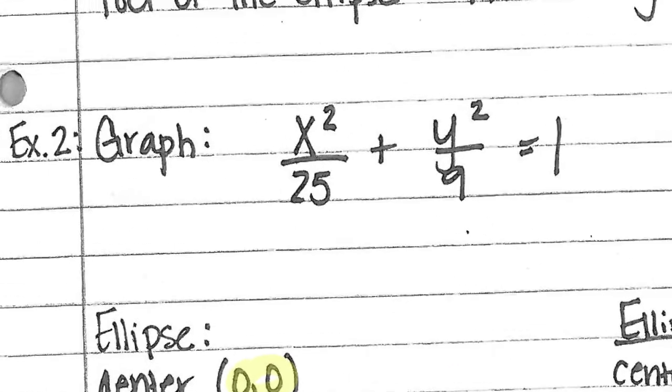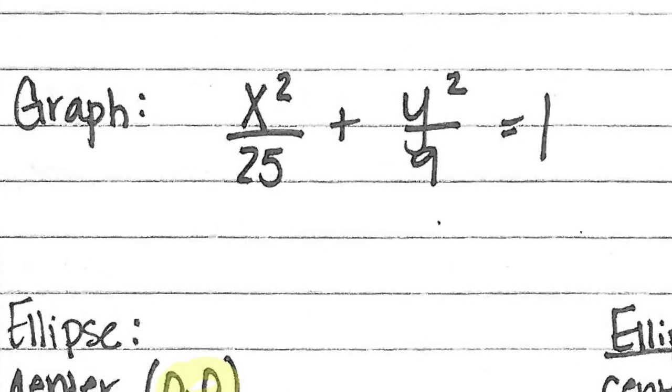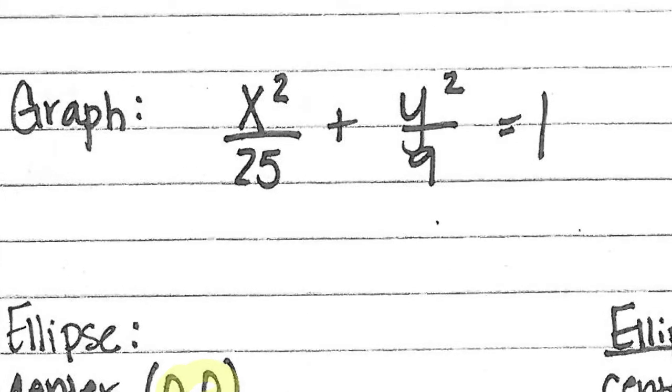So let's start by graphing, because graphing is always fun. We know that all ellipses that we're working with right now are going to have a center at 0, 0. Eventually that will change, we'll have a number thrown in there, but we don't have that right now. The next thing we're going to look at is this 25.